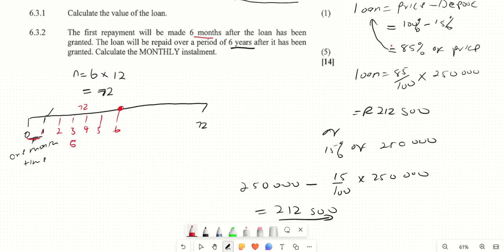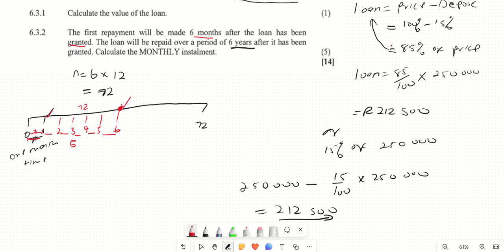The 6 is from the day the loan was granted. If they mentioned that it's 6 months not from the day the loan was granted, then we would use 6. In this case, it's 6 from here. So we count 1, 2, 3, 4, 5, then 6. Then the loan was paid. You see, the loan was paid. So this month was not supposed to be paid.